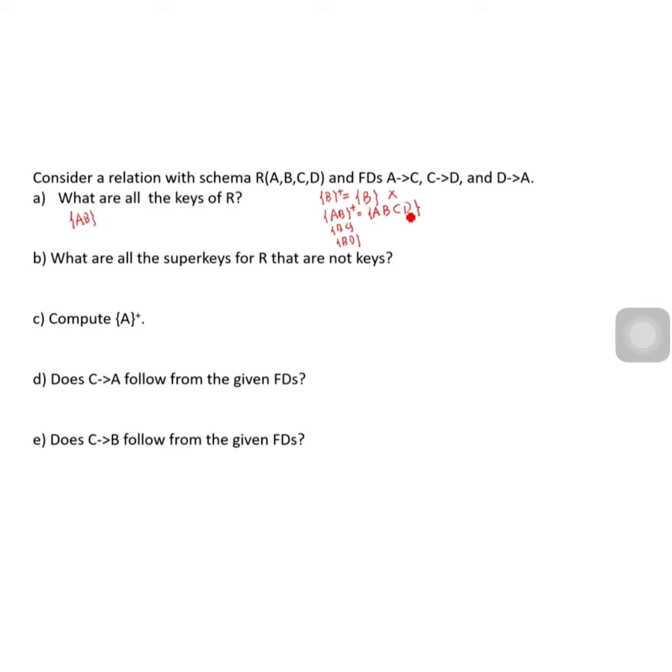Now let's compute BC. The basis is BC. C functionally determines D, so D is added. D functionally determines A, so A is also added. A, B, C, D, so BC is also a key.